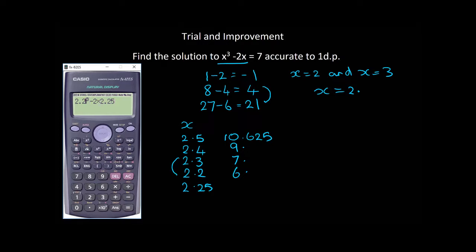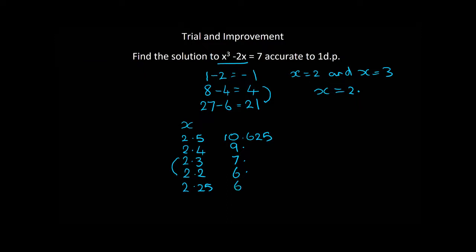That gives us 6.89, which is too low. So that means our answer must be bigger than 2.25, and therefore our answer is going to be 2.3.